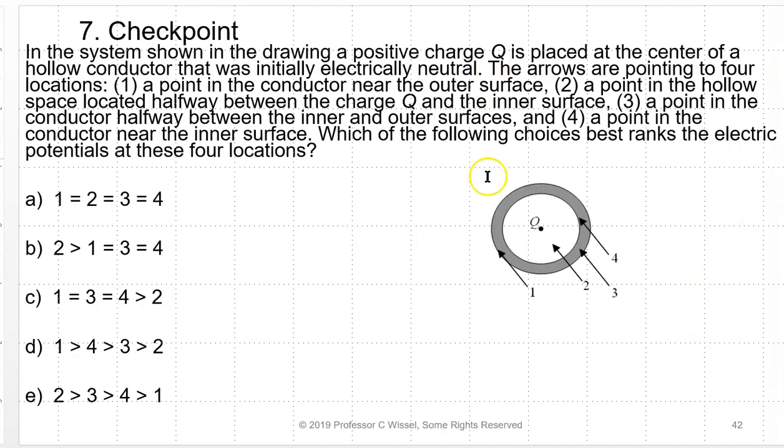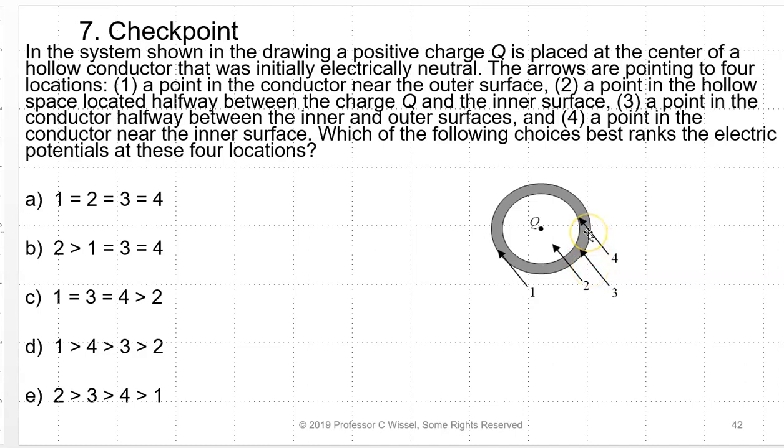In the system shown in the drawing, a positive charge Q is placed at the center of a hollow conductor that was initially electrically neutral. The arrows are pointing to 4 locations. Number 1 is a point inside the conductor near the outer surface. Number 2 is a point in the hollow space located halfway between charge Q and the inner surface. 3 is a point in the conductor halfway between the inner and outer surface.